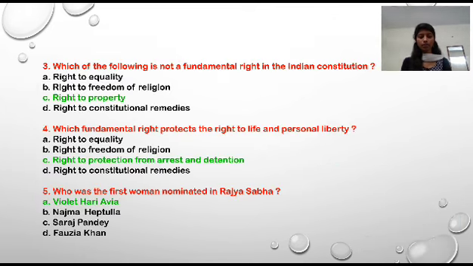And the third question is, which of the following is not a fundamental right in the Indian Constitution? The options are right to equality, right to freedom of religion, right to property, right to constitutional remedies. Right to property is not a fundamental right; the others are fundamental rights in the Indian Constitution.